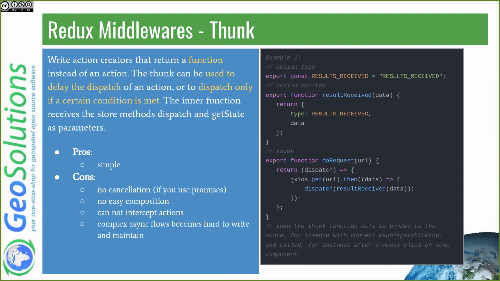So I can ask my library to get the data, and when I receive the data back, I can dispatch the action to update the result in the state. This way I can do AJAX requests. This is the simpler way you can do AJAX requests in MapStore. This middleware is included and is easy.